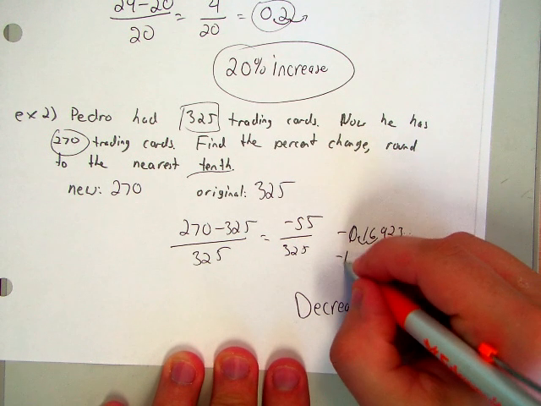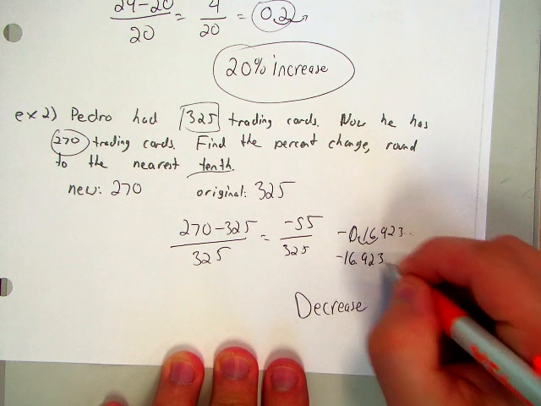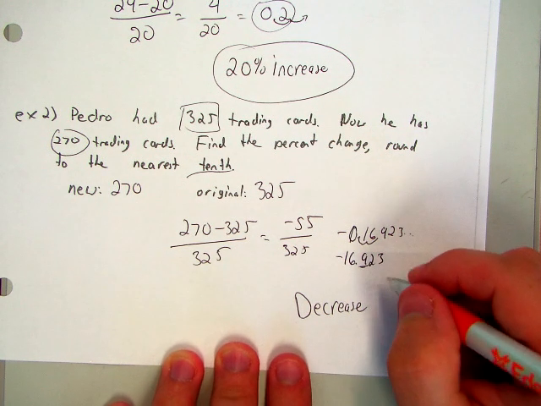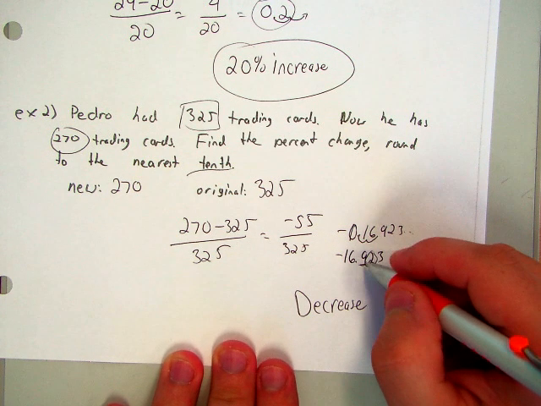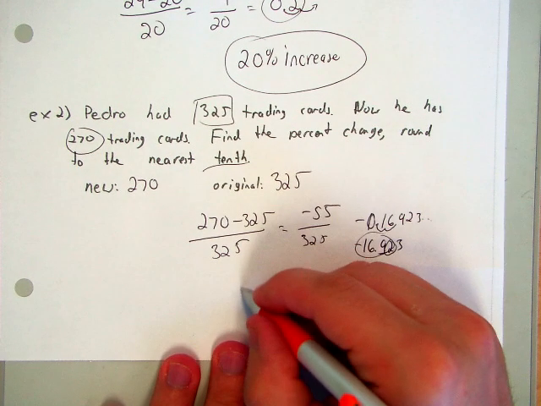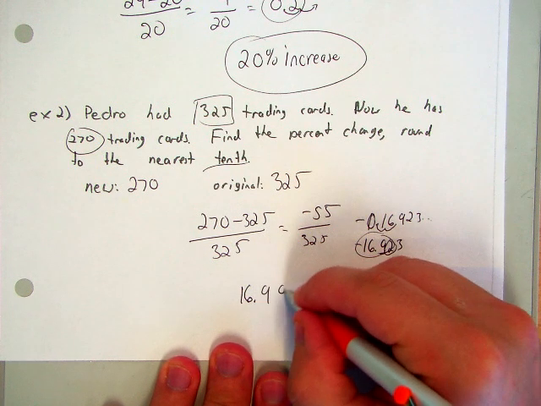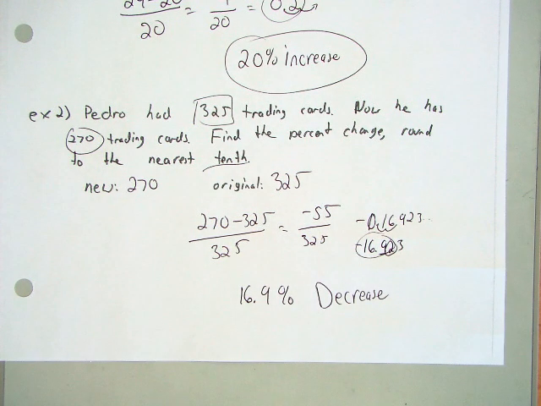So now I have negative 16.923. Here's the tenths place. To round, I look at the next number. This is 4 or less, so I let this rest. So this is a 16.9% decrease. The reason why we don't have to have that negative sign next to the percent is because the word decrease already means negative.